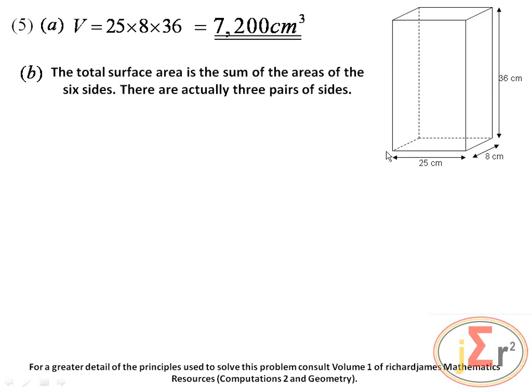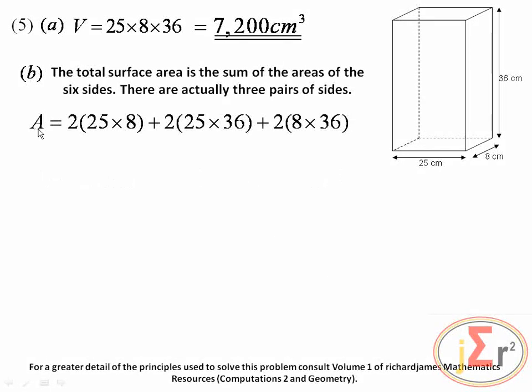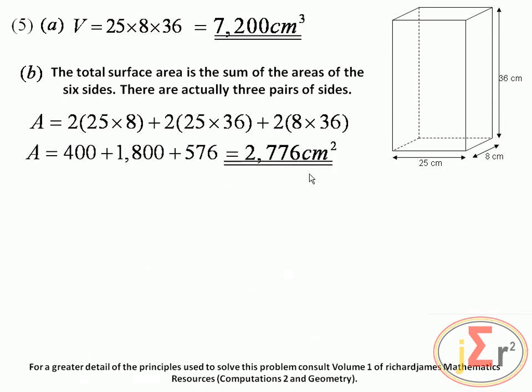Whatever we have here, we will have again at the back. Remember that each face occurs twice, so we have 2 times 25 times 8, 2 times 25 times 36, and 2 times 8 times 36. Putting those together, we get a total of 2,776 centimeters squared.